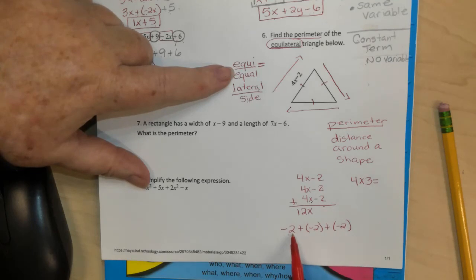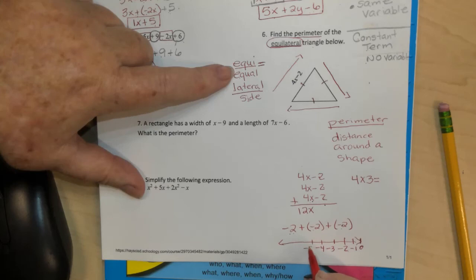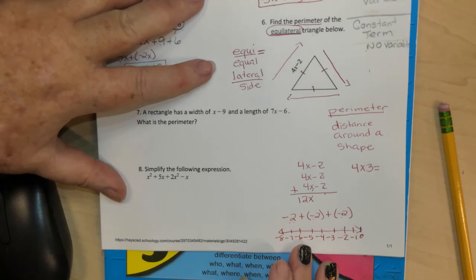Okay, so -2 plus -2 plus -2. Well, then you use a number line, but you can put this in a calculator too. I'm at -2. And remember on a number line, -1 will be there, 0 will be there. Y'all can just put this in the calculator. I'm just doing this so you understand adding negatives to one another.